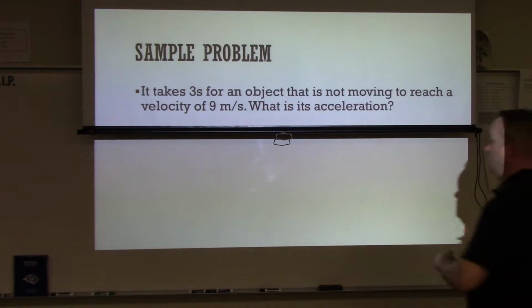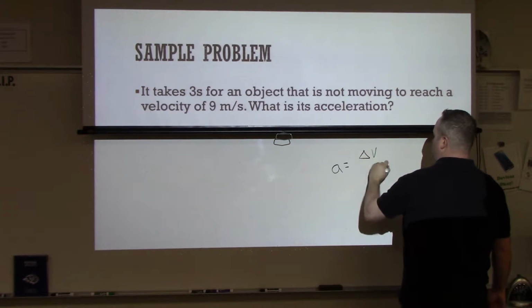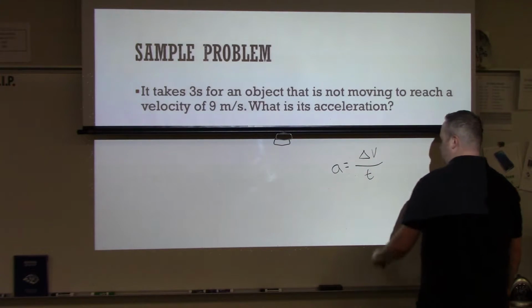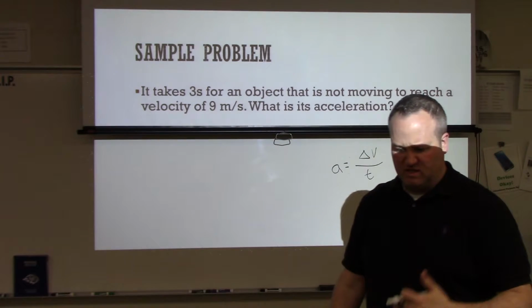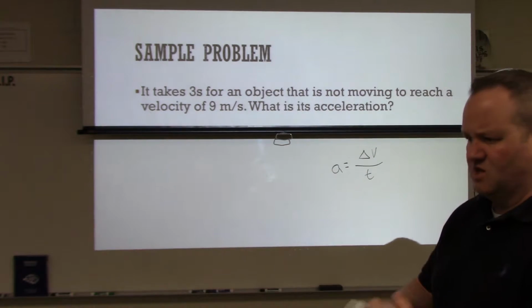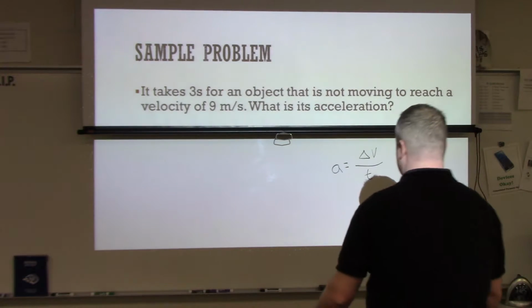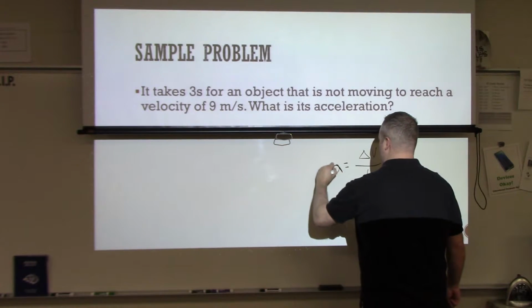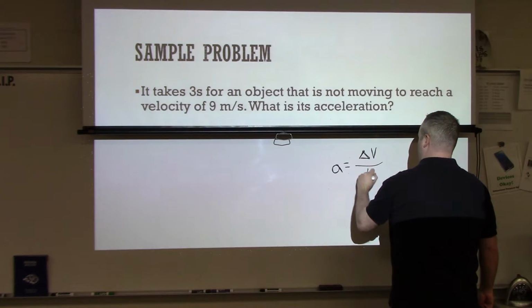So I'm going to write down acceleration is equivalent to delta v over t. Sometimes I say delta t because you could have a situation where the timer doesn't start or something doesn't start moving until the second or something like that, but for right now this is fine. So again, acceleration is equivalent to delta v over t.